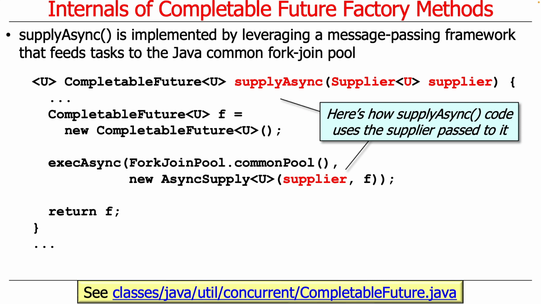You can see supplyAsync takes a supplier, parameterized by type U. This is a static method, so type U is provided as a parameter for that static method. And as you can see, supplyAsync is going to pass the supplier into a helper method called asyncSupplyExec, after first encapsulating it with something called AsyncSupply.